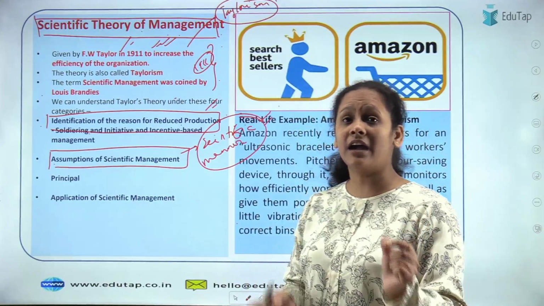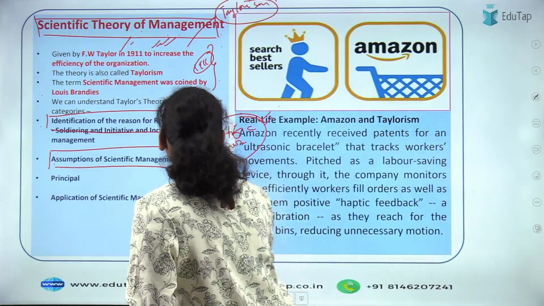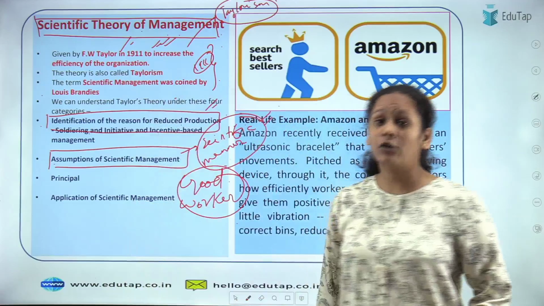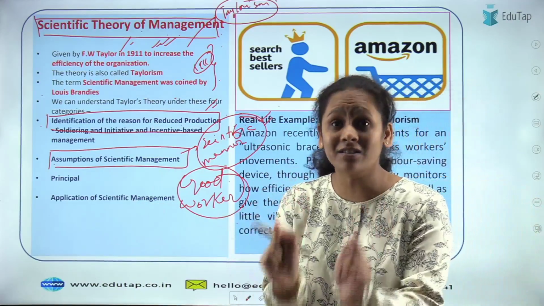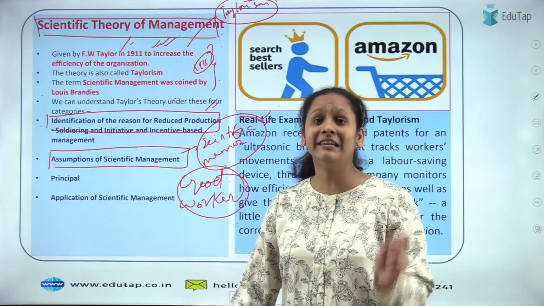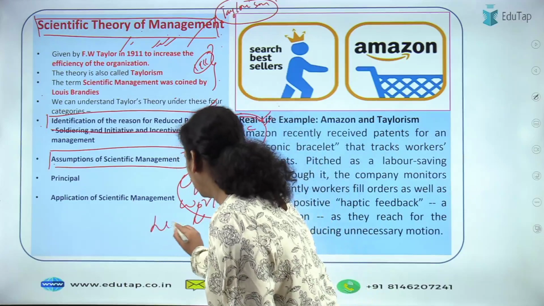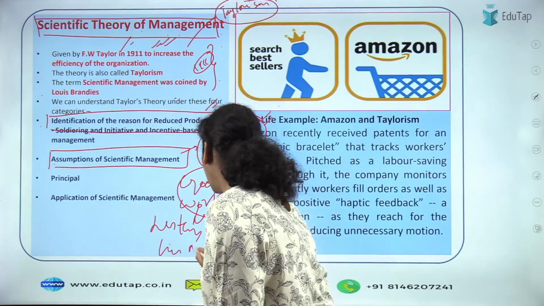Secondly, he said, who is a good worker? He defined who is a good worker. According to Taylor, a good worker is the one who does not decide everything on his own. He rather listens to his manager. Who is a good worker? Who listens to his manager.